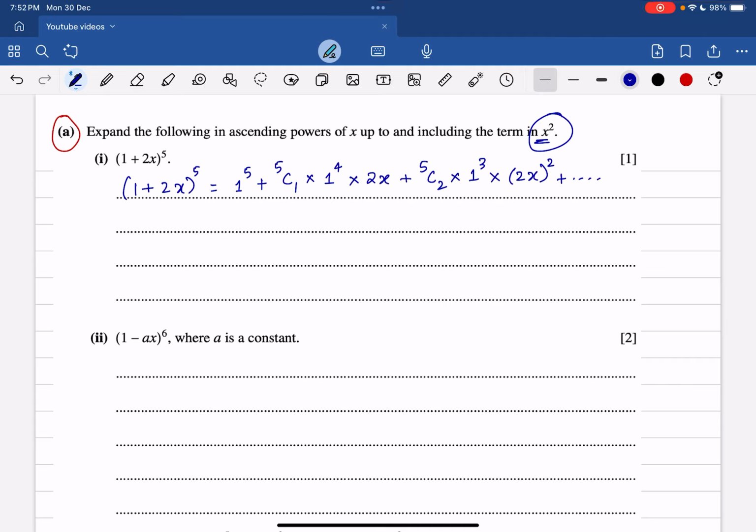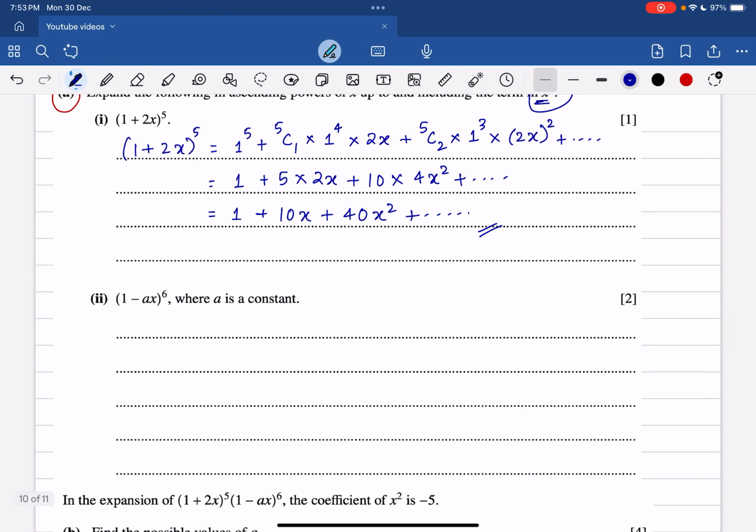Because I'm only interested in expansion up to x squared. 5c1 gives me 5 times 2x plus 5c2 gives me 10. Yes, it gives me 10 times 4x squared plus dot dot dot. That makes it 1 plus 10x plus 40x squared plus dot dot dot. That gives you 1 mark in full.